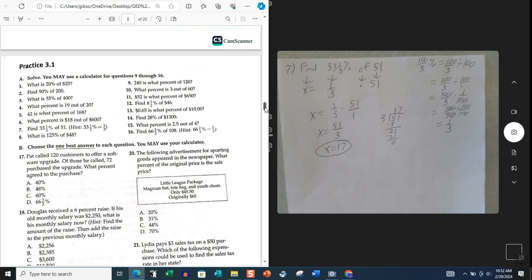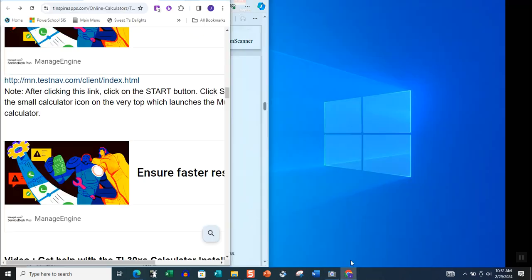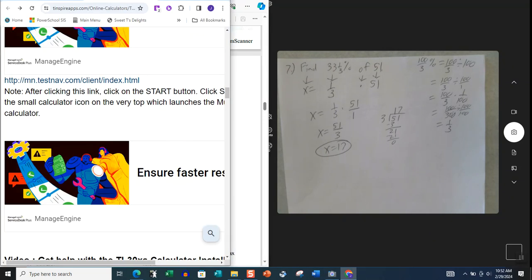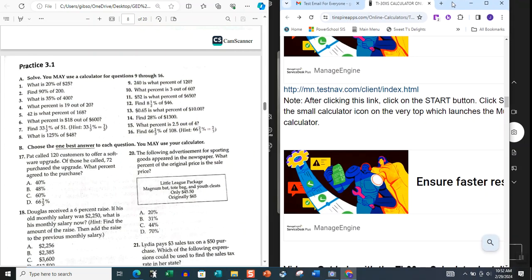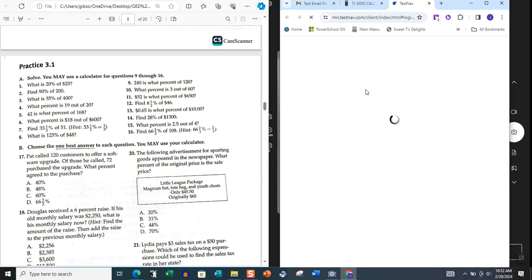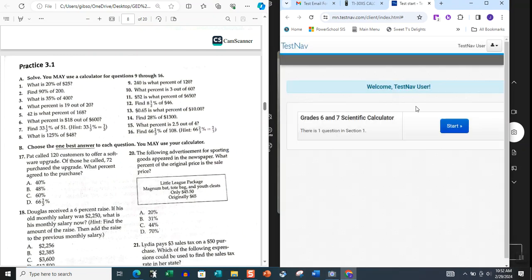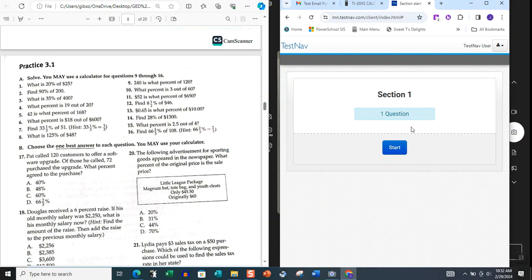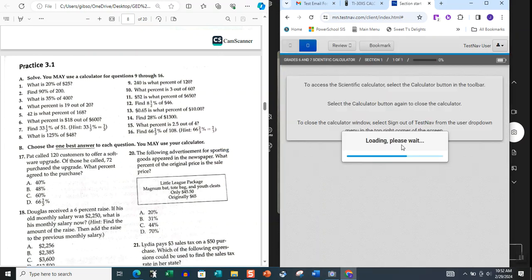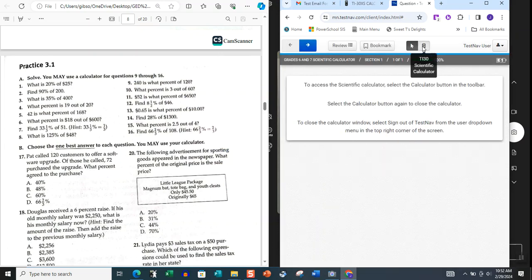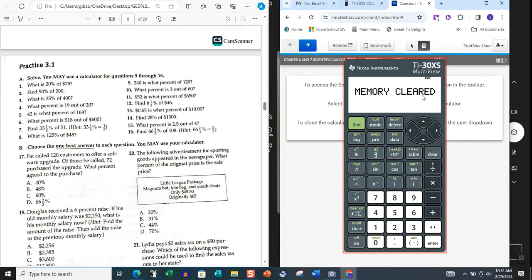So what I'm going to do here is bring the calculator out. And then after I bring the calculator out, I'm going to tell you what you should have written. So let me bring the calculator out.